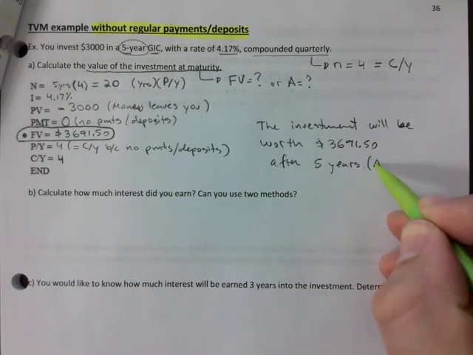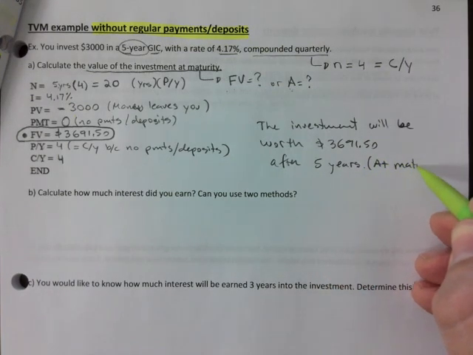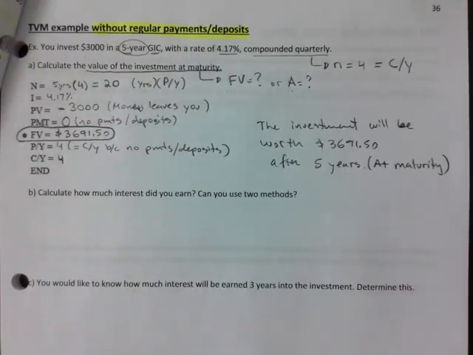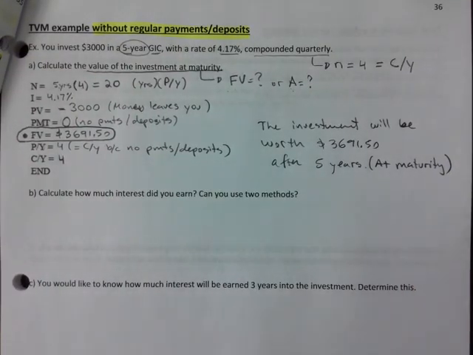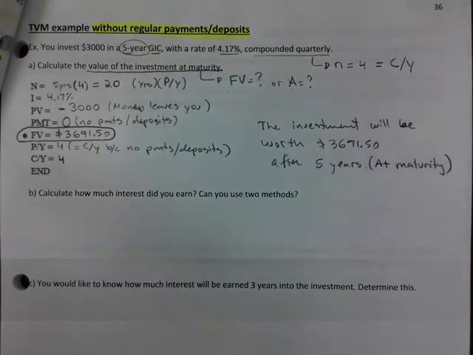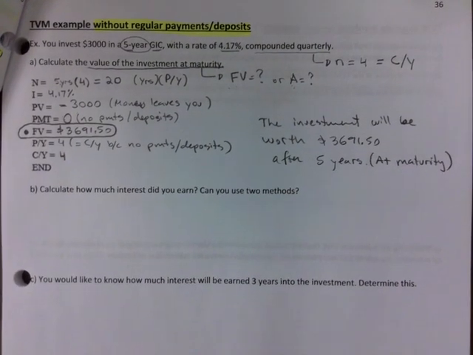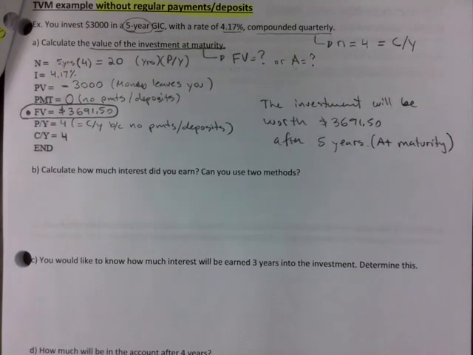You can say at maturity. And with a GIC, you cannot take out the money until the 5 years are over. If you do lock in for 5 years, with GICs you lock them in, you have to keep it in there for 5 years to get all the interest that they promised you.